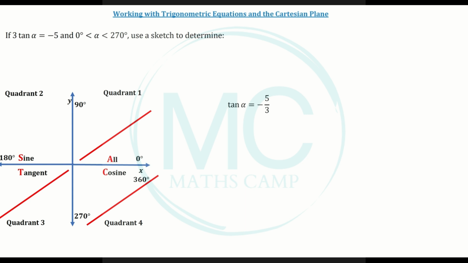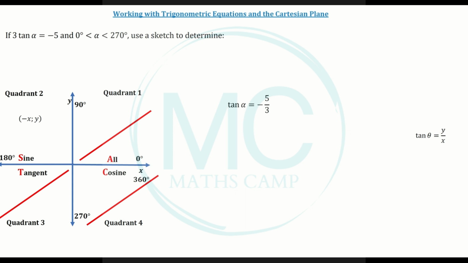In this quadrant, our x-coordinate is negative and our y-coordinate is positive. We know that tan theta is equal to y over x. In this case, tan is equal to -5/3. Now, when you have a negative fraction, only one value is positive and one value is negative, and we still need to determine which one is which.